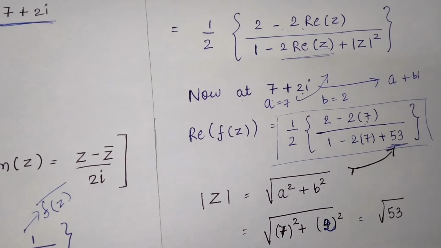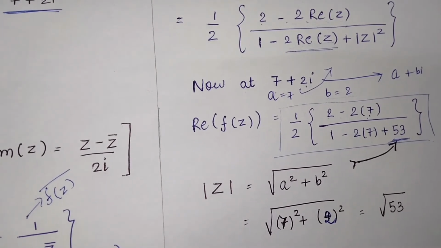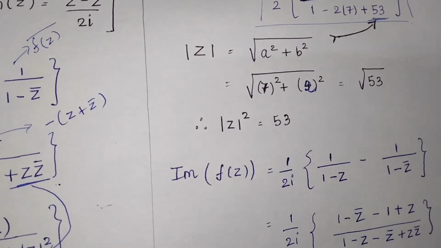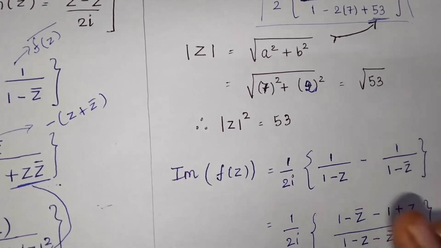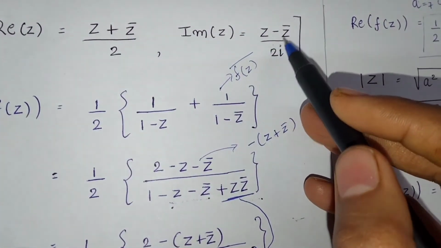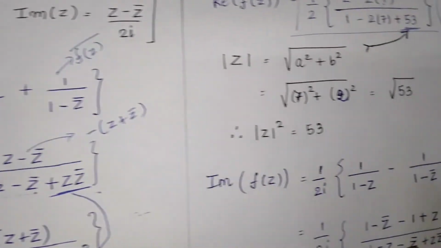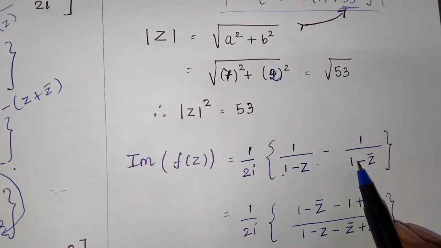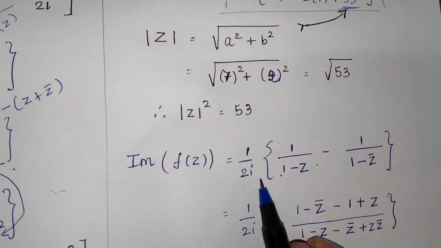Now we have to find the imaginary part of f of z. As we have to find the imaginary part, we will apply the formula of the imaginary part, that is z minus z conjugate by 2i. So f of z minus f of z conjugate by 2i.